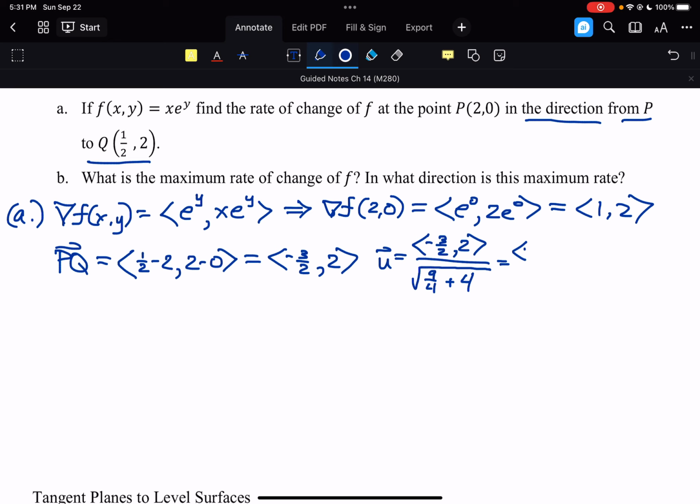So let's see, we've got negative 3 over 2, comma 2, over, 4 is going to be 16 over 4 right there. So combine those, that's rad 25 over 4. So that's pretty nice. It works out to a perfect square here. So that's going to be 5/2.